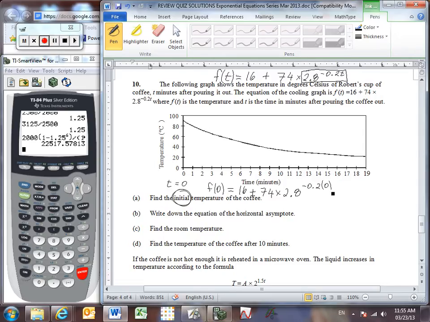Now we could stick this into our calculator, I suppose, but I think that we could reason it out even quicker by realizing that 0 times anything is 0, so this entire exponent is 0. 2.8 to the power of 0, just like anything to the power of 0, is equal to 1. 74 times 1 is 74, and 16 plus 74 is 90.